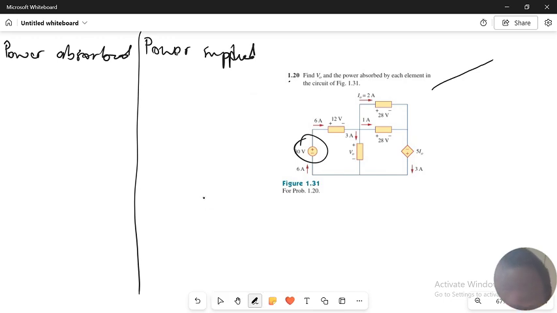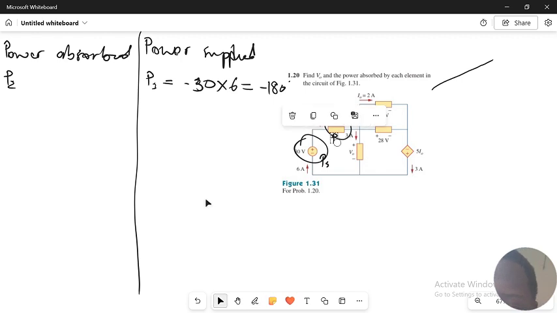For this one, I say P1. The current is leaving the positive terminal, meaning that it's supply. P1 equals the voltage minus 30, I put minus because it's supply, multiplied by the current 6, which is minus 180. Now I take this one. Current is entering the positive, meaning that it absorbs.